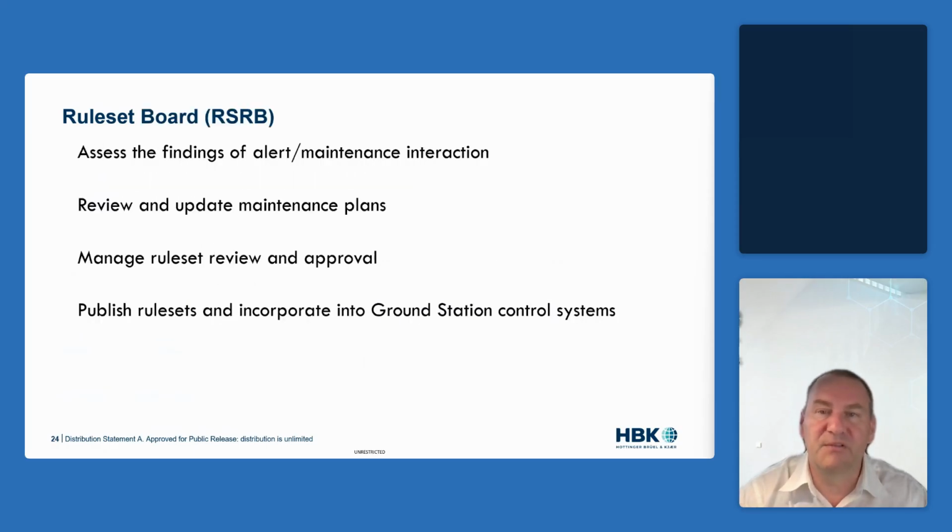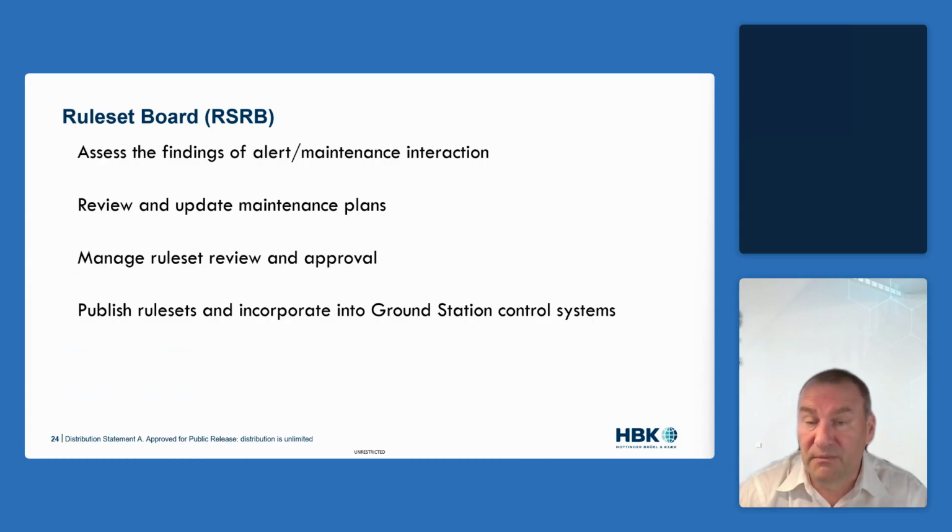And that's a big part of what they're doing, basically assessing the alert maintenance interaction findings, establishing: is my maintenance effective? Is my alert effective to identify, detect and isolate that fault, and to be able to make those changes and run that whole review process. So this is the review process that really sits around all those processing rules that we described.